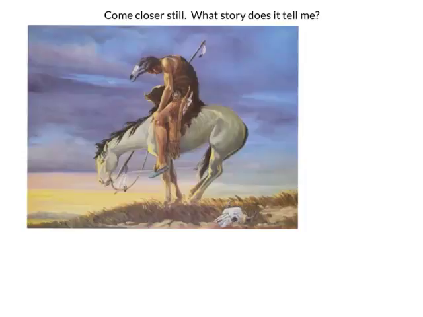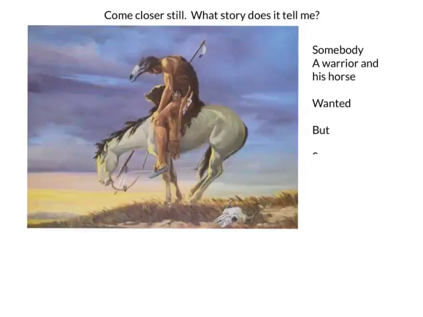And we're also going to use a strategy you know well, something called somebody wanted but so. Now, for the somebody, I am going to put that the somebody in this picture is a warrior and his horse. And that's all I need for the somebody.